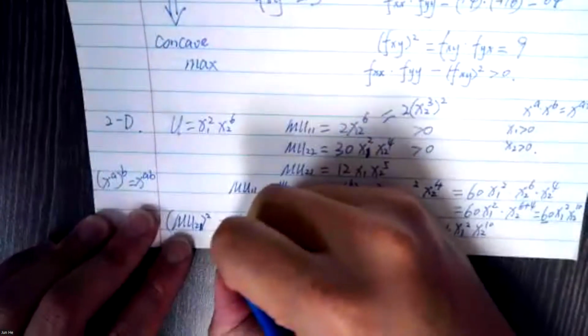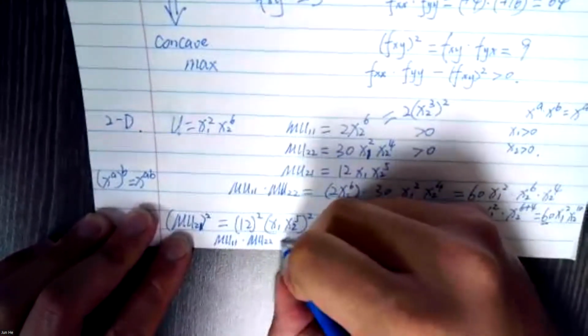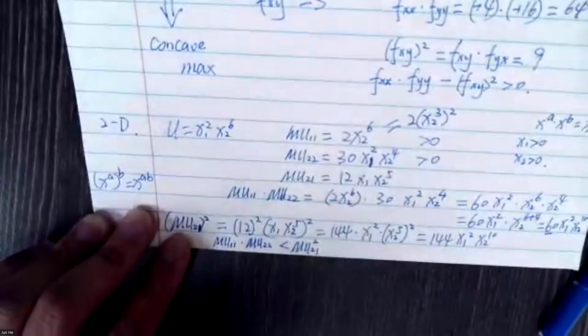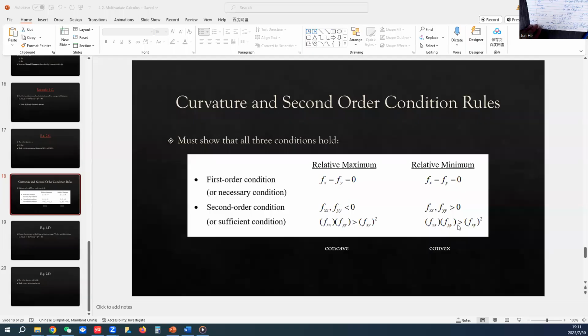Then MU11 by MU22 is smaller than MU21 squared. And here, if you look at the condition, you can see this condition, the second derivative including the cross term, the condition at the bottom is violated.